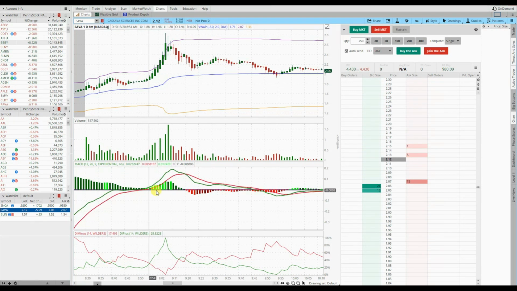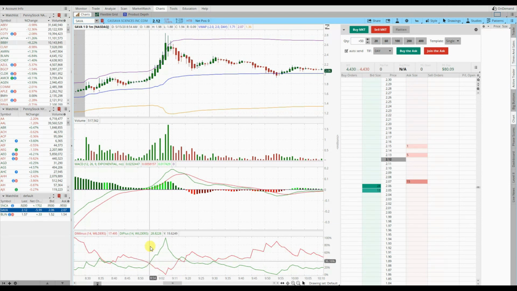And right here you can see a combination between the DI minus, DI plus, and the MACD, the green line going over the red line. This green line going over, and the combination between this and the DI minus and plus, is giving me a strong signal that there's a possible good entry right here.